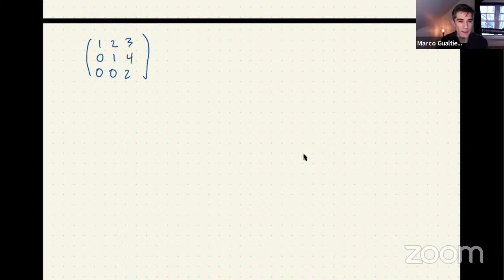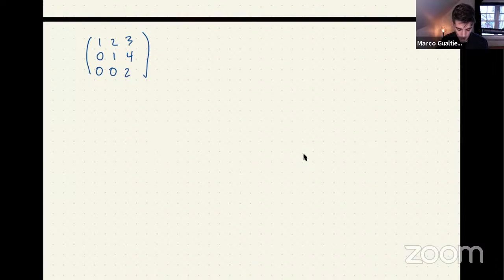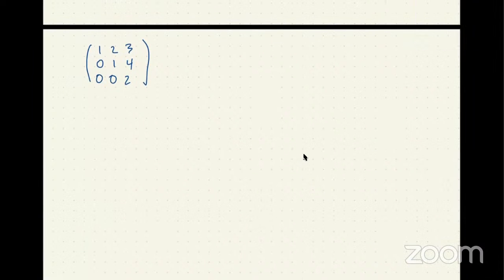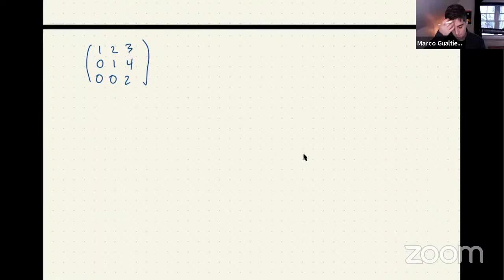Okay, so let's say that you did that work and you have chosen a basis which puts your operator into upper triangular form. Can I assume that? Yeah. Okay. So if that's the case, then look at what happens.